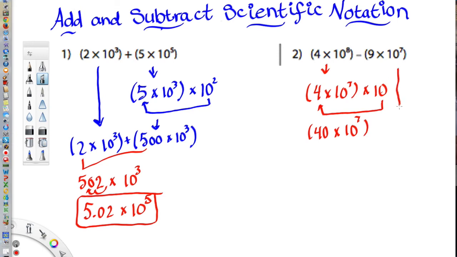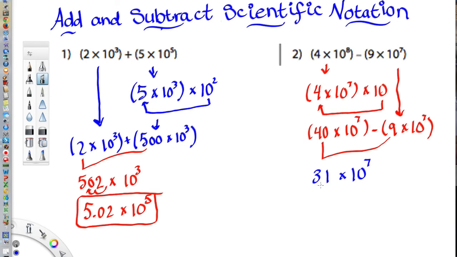And then I need to bring down that part of the expression down here, and I'm going to subtract 9 times 10 to the 7th power. Again, I combine my bases. 40 minus 9 will give me 31, and my power 10 stays the same.